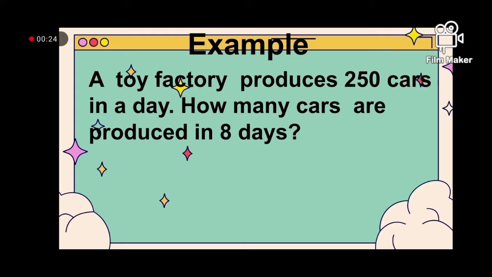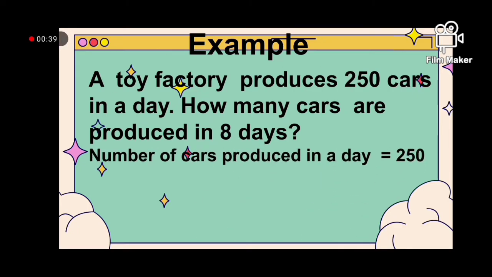For this purpose, we will multiply the number of cars produced in 1 day by 8. Then we will find the number of cars produced in 8 days. So how will we multiply? The number of cars produced in a day is equal to 250.